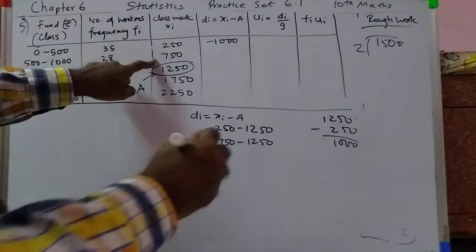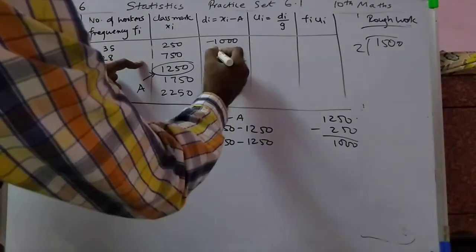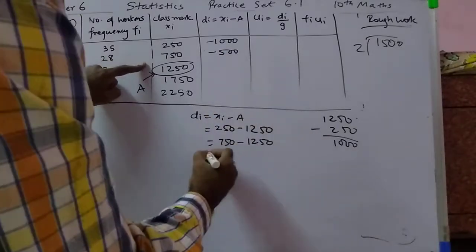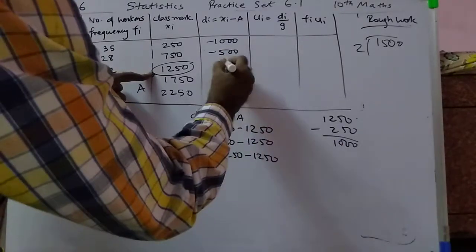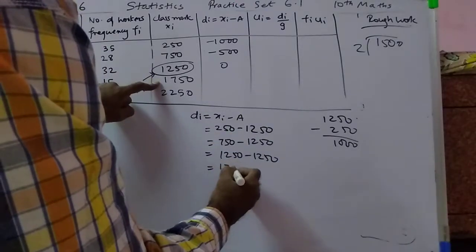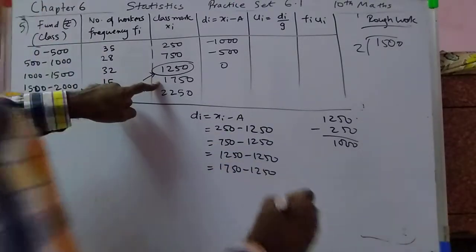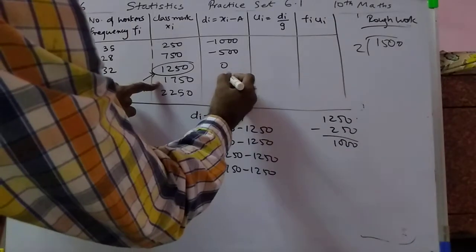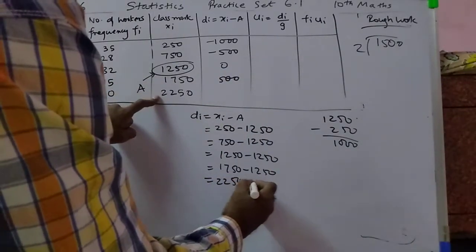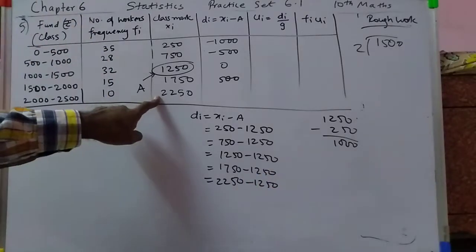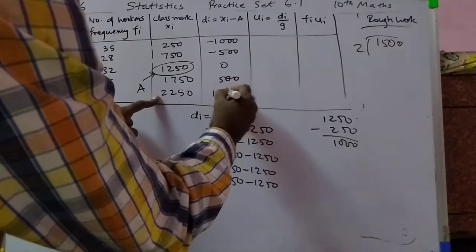You will get minus 500. Now it is equal to 1250, calculate, you get 0. Now it is equal to 1750, you will get 500. And you calculate this: 2250 minus 1250, you will get 1000.